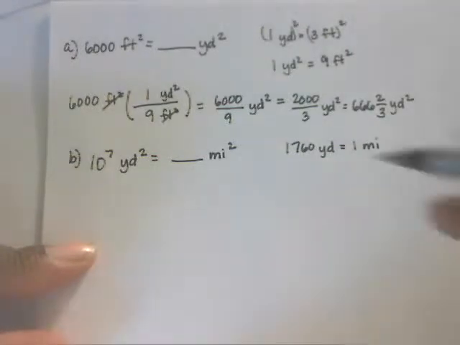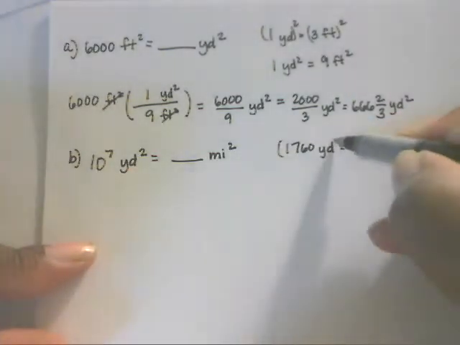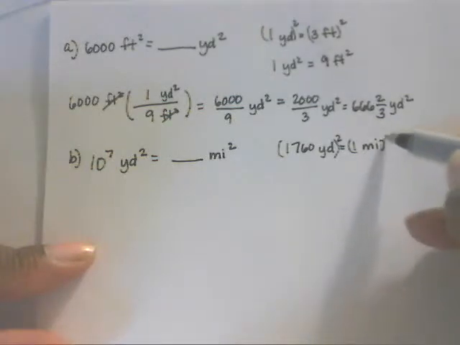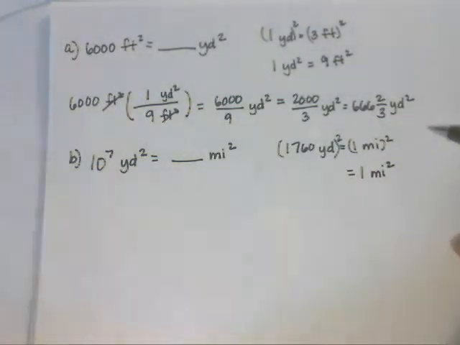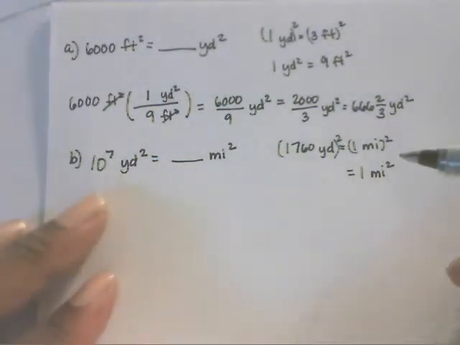Okay, so if I square both sides, that means that 1 square mile is going to be equal to, now here we're going to have to take 1,760 and square that, and you will get 3,097,600 square yards.